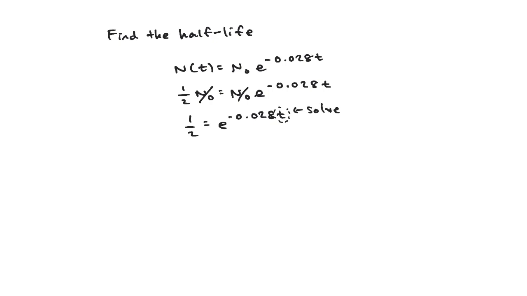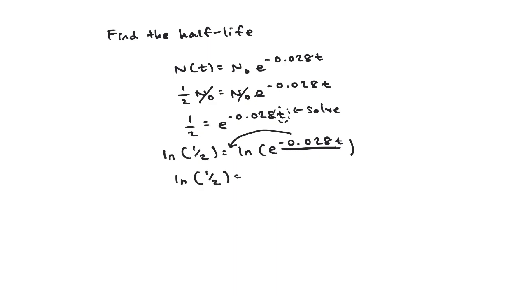So what I'm going to do is a trick, which is taking the natural log of both sides. So I have the natural log of 1/2 is equal to the natural log of e to the minus 0.028t. And if you remember, we have this property of logarithms that says that if we have something raised to a power like this, then we can move the power out in front. So I have the natural log of 1/2 is equal to minus 0.028t times the natural log of e.